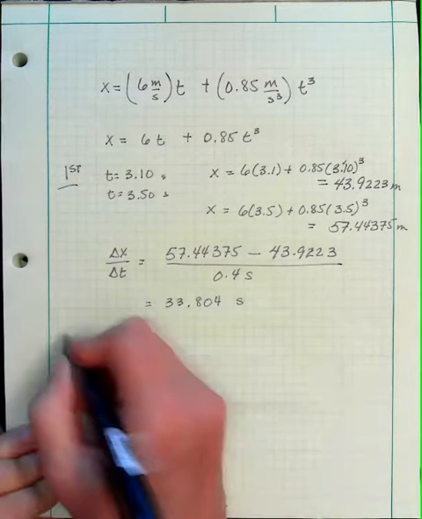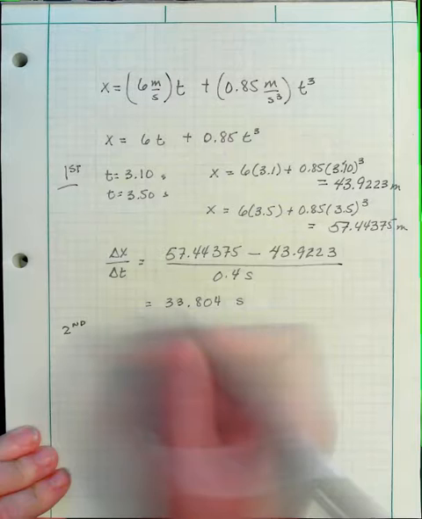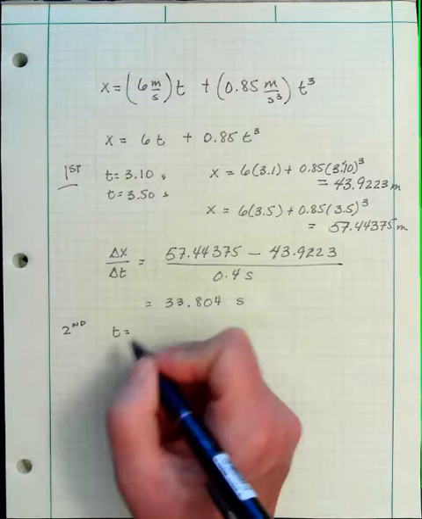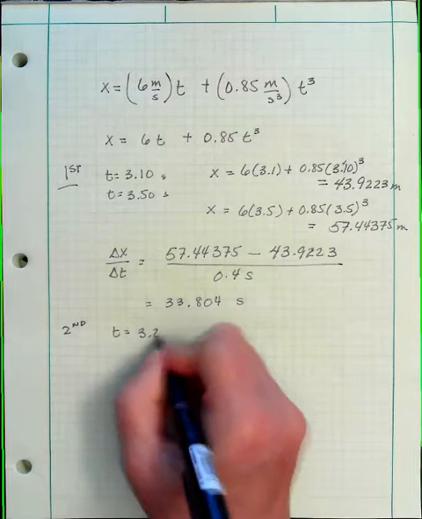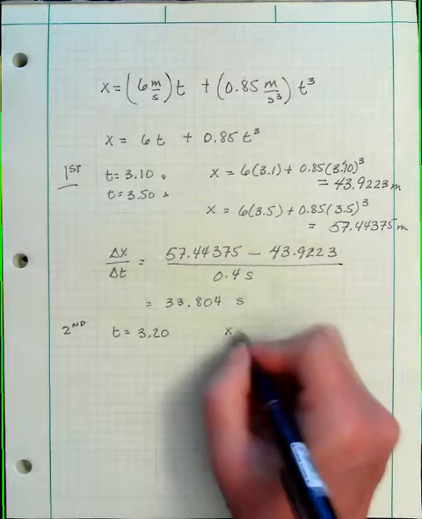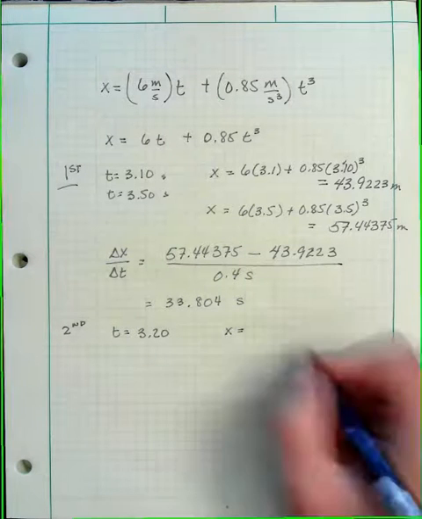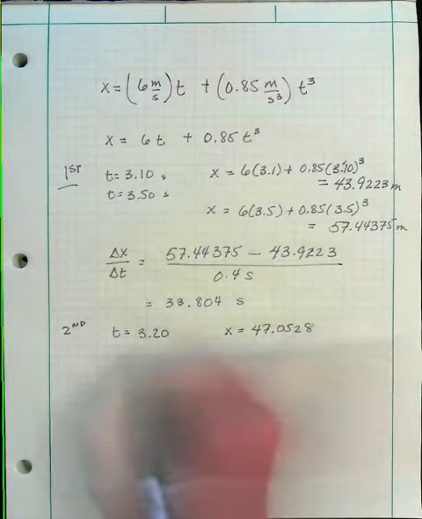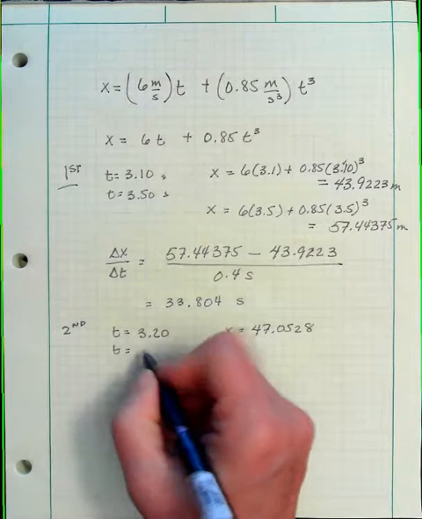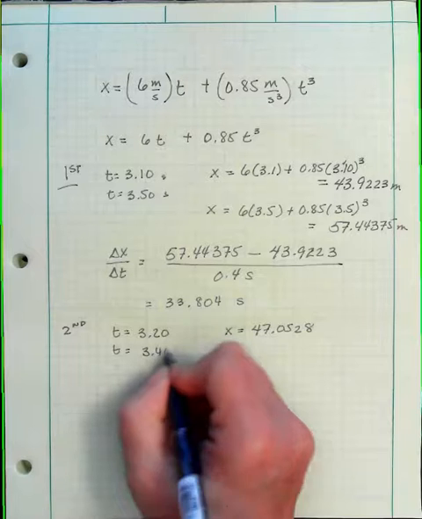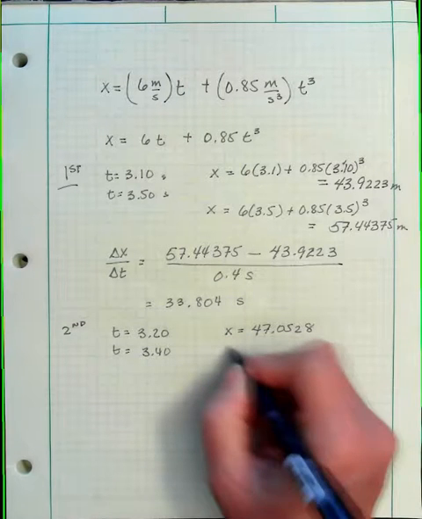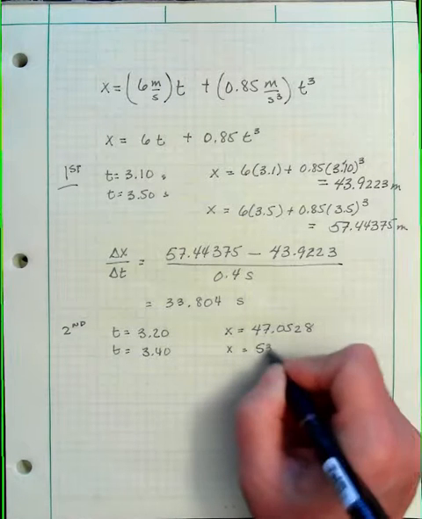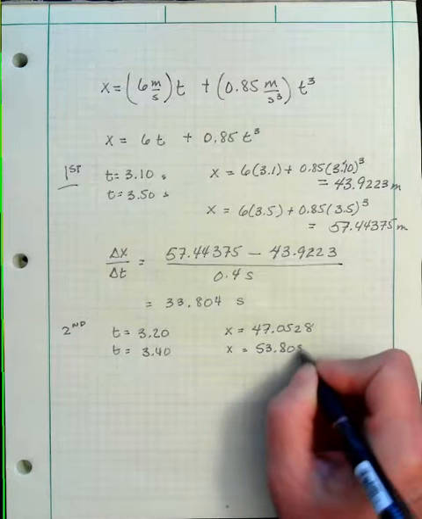I'm going to repeat that for my second interval. At t equal to 3.20, I find that x is equal to 47.0528. At t equal to 3.40, I get that x is equal to 53.8084.